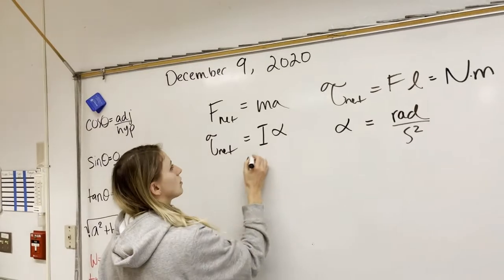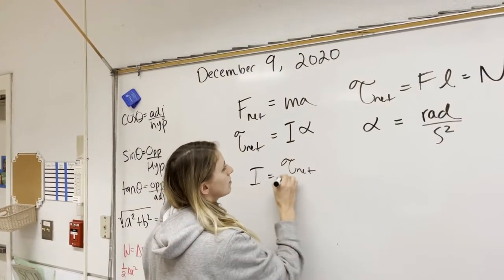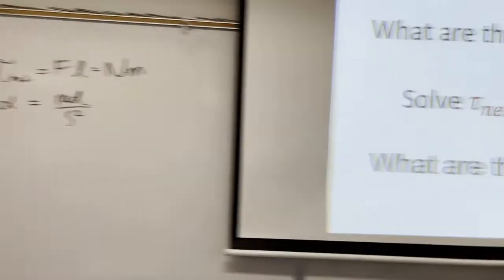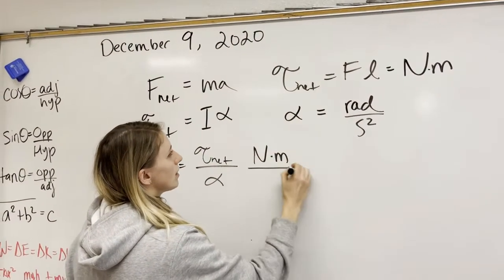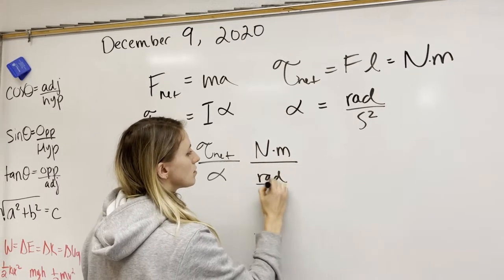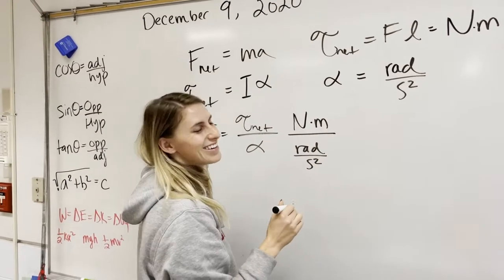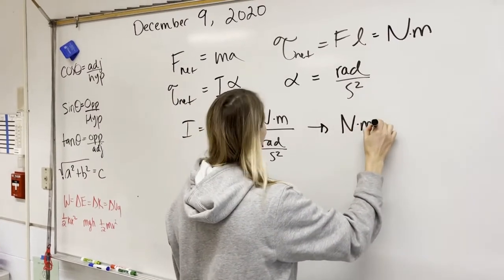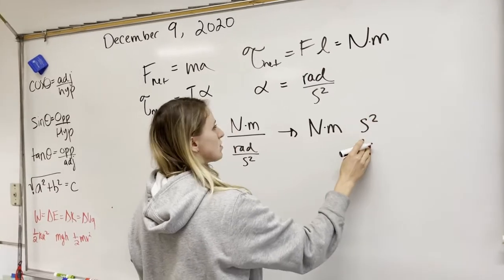Okay, so I equals torque net divided by angular acceleration. What are the units for I? You just take the units that you've already got: Newton meters divided by radians per second squared. Now, funny thing about radians, they just appear and disappear as appropriate. I'm going to flip this, since when you divide by a fraction, you flip it over, and then I'm just going to ditch the radians.